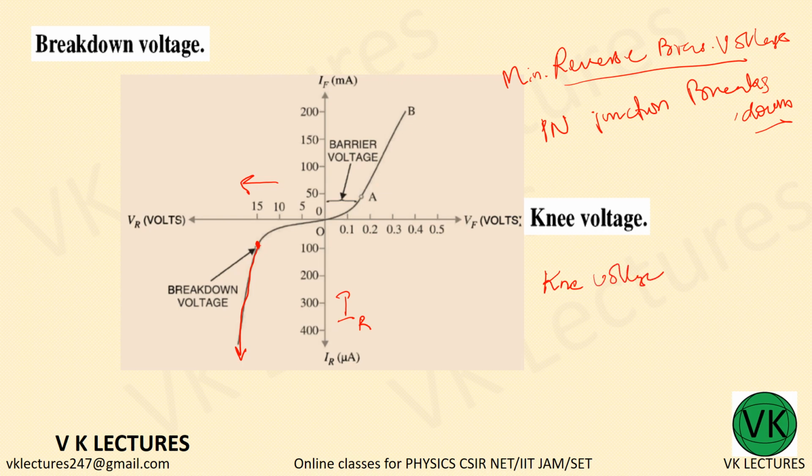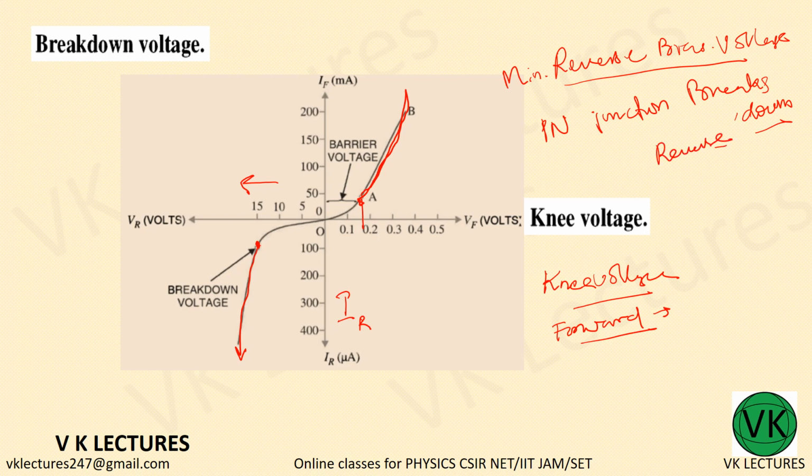Okay. Now I would like to introduce another quantity called knee voltage. This is the forward voltage at which current through the junction starts to increase rapidly. So this is where it increases rapidly, and this is the minimum voltage. So that is the knee voltage. Knee voltage occurs in the forward region, and breakdown voltage occurs in the reverse region.